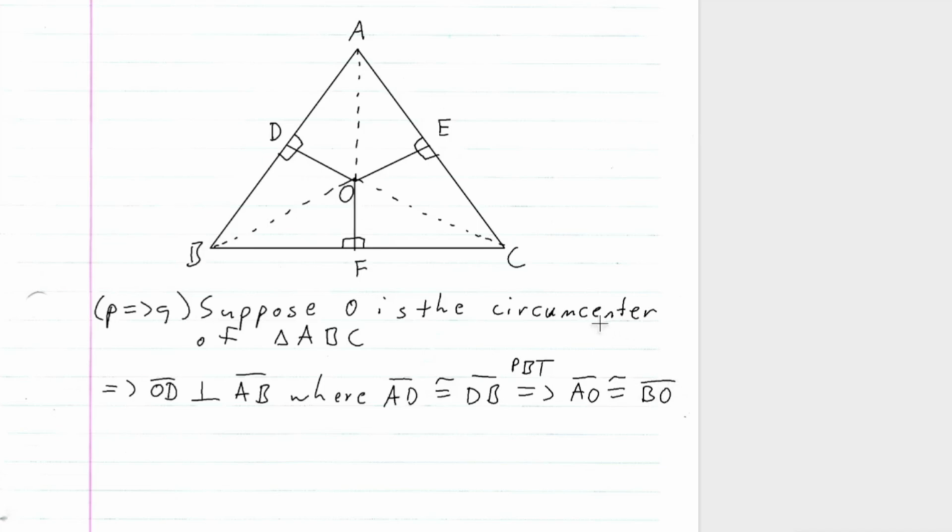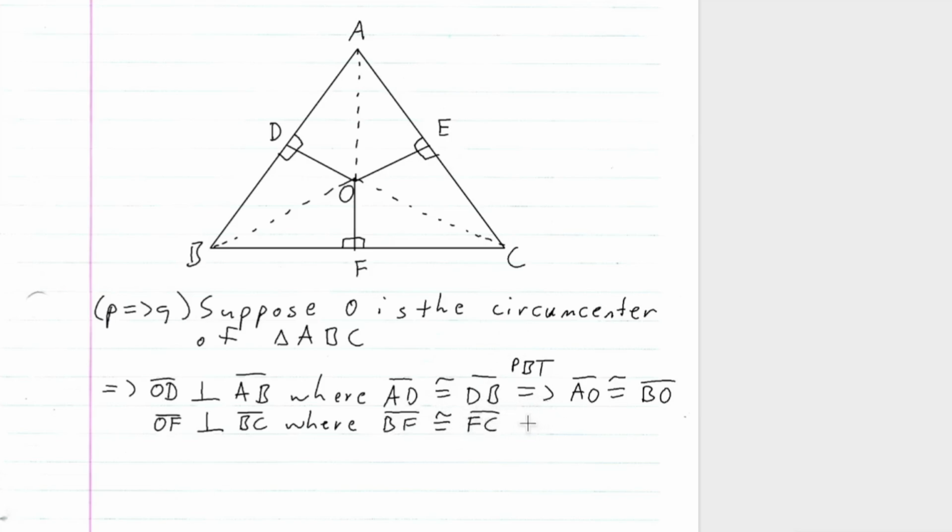right? So remember, that's only this part. We also know if O is the circumcenter, this means that OF is perpendicular to BC, where BF is congruent to FC.